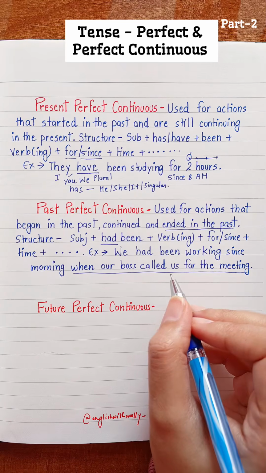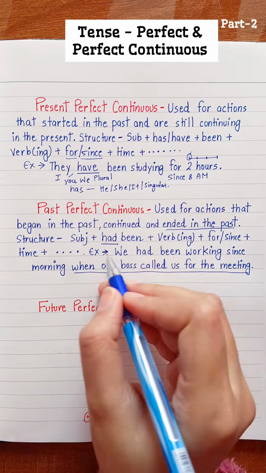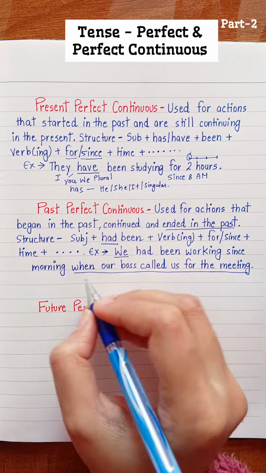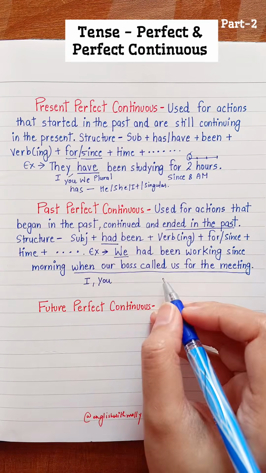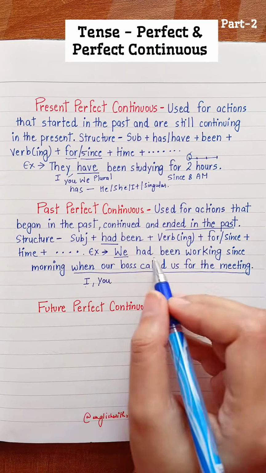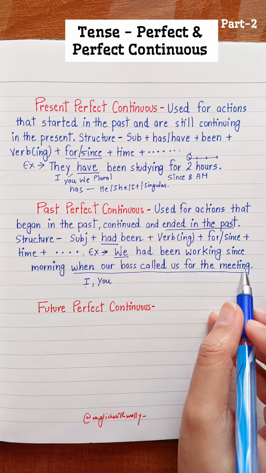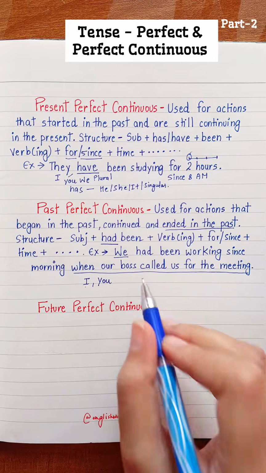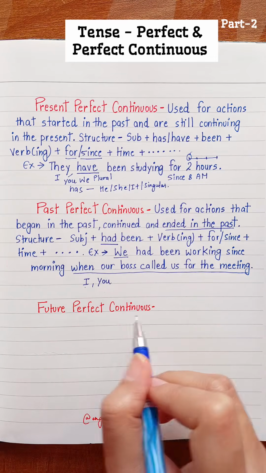The action doesn't continue in the present, it has ended in the past. Suppose we change the subject to I. Then the sentence would sound: I had been working since morning when my boss called me for the meeting. All you need to change is the pronouns. Now, this is the rule for past perfect continuous tense.